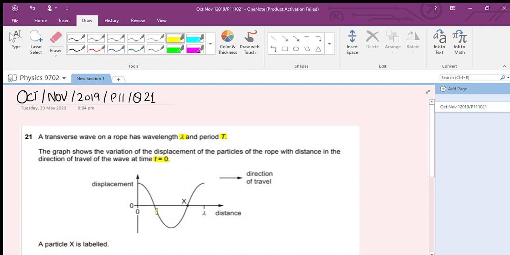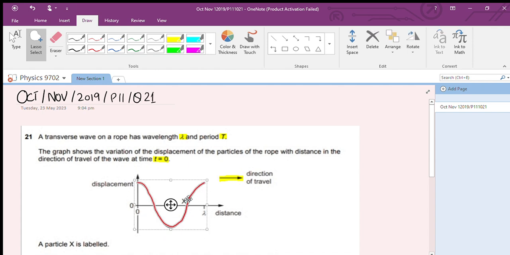So basically this graph is showing us displacement against distance. And the direction in which the wave is traveling is towards right, and we can trace this wave and move it slightly towards right.